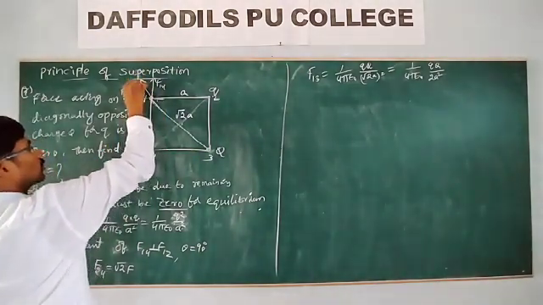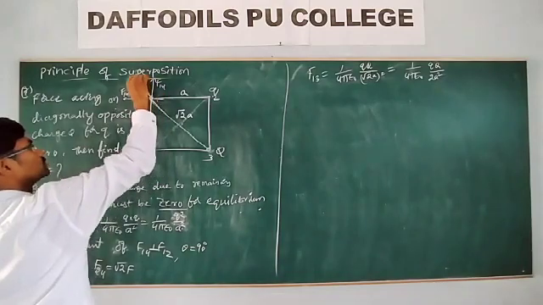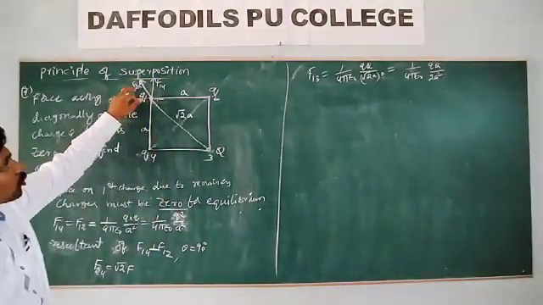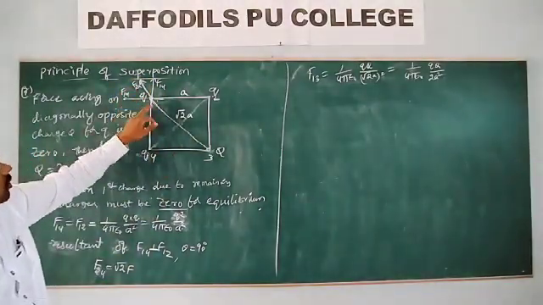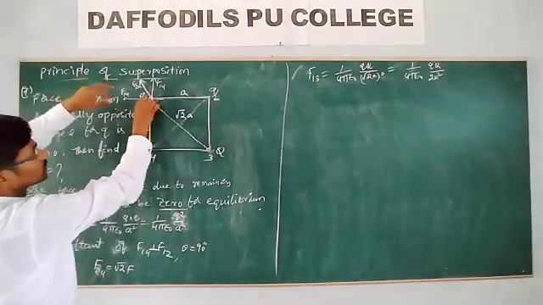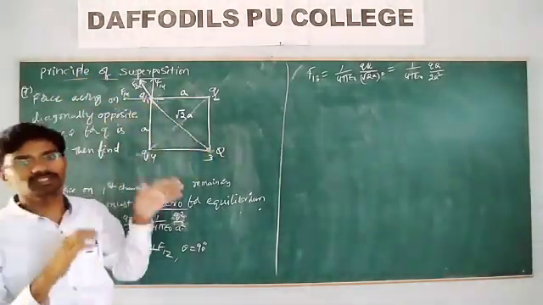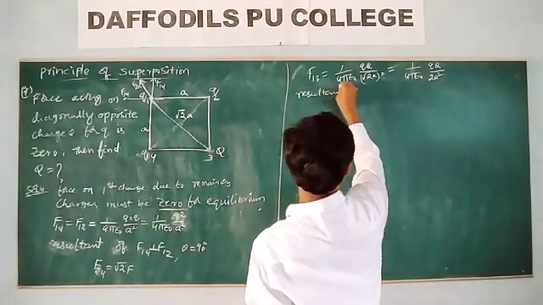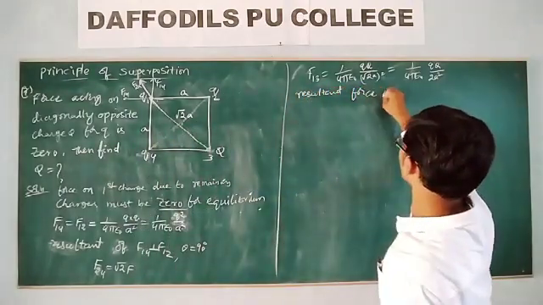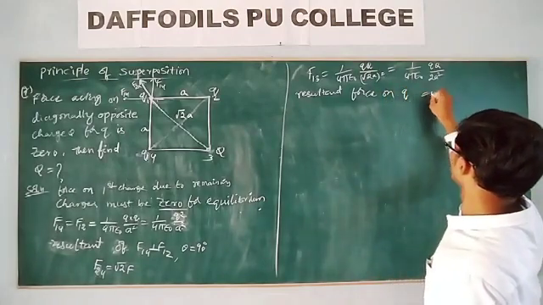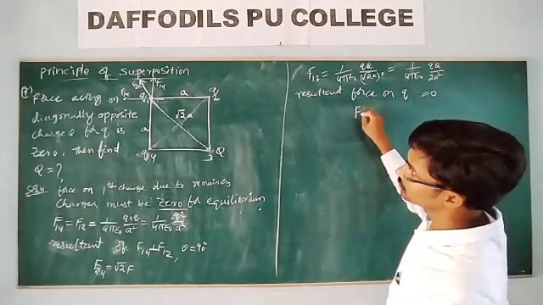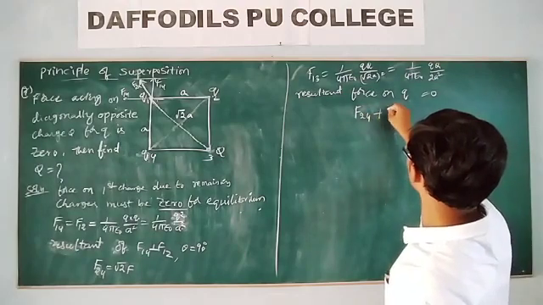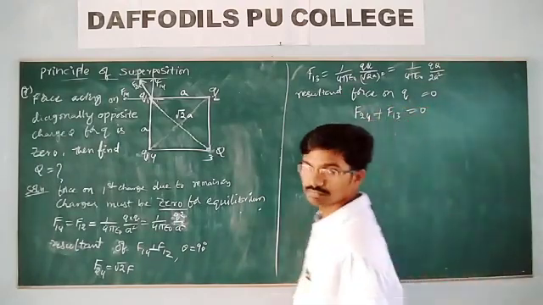Now the resultant force on Q is equal to 0. That means F24 plus F13 is equal to 0.